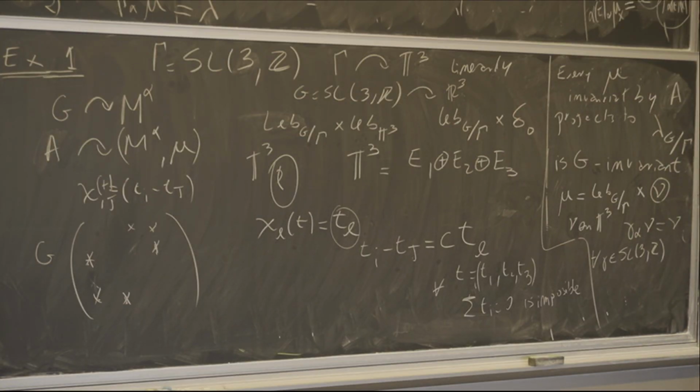And now simply apply, so do Fourier. So I get that the Fourier transform of nu applied to an integer n will be the same as nu hat at gamma transpose n for every gamma in SL3Z.